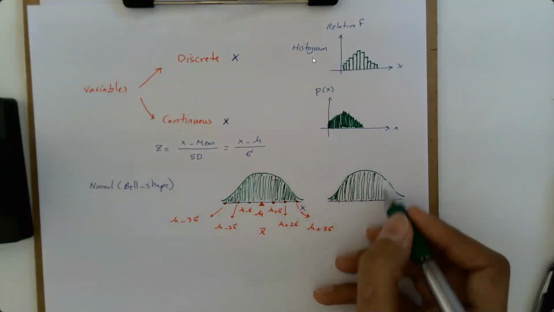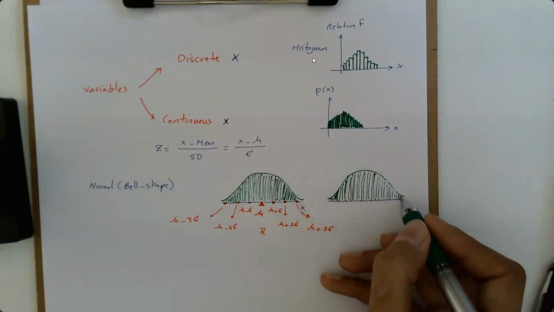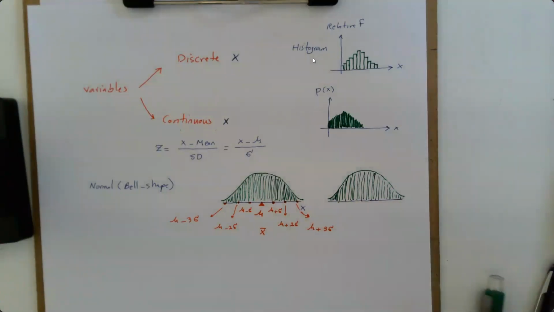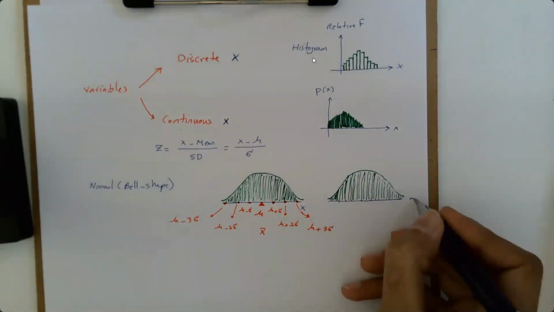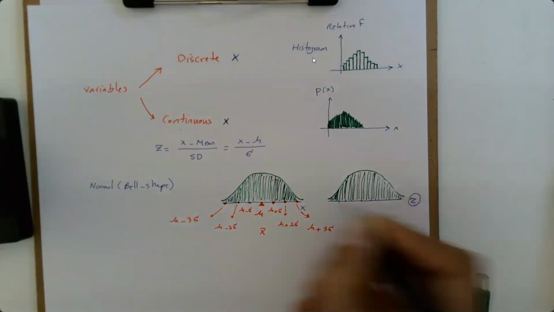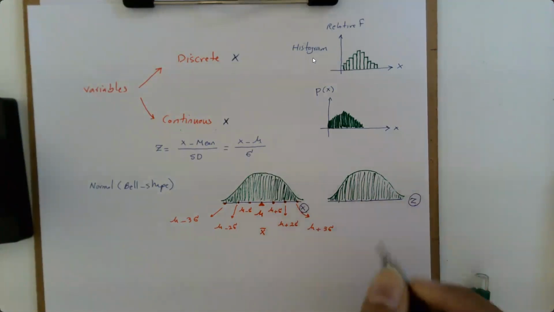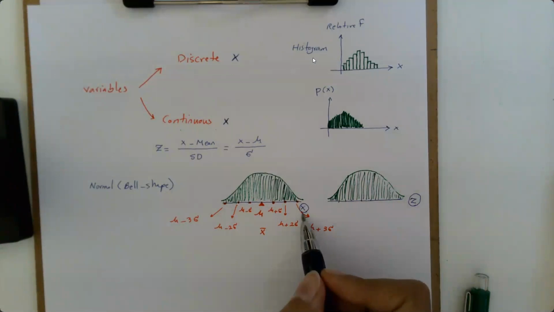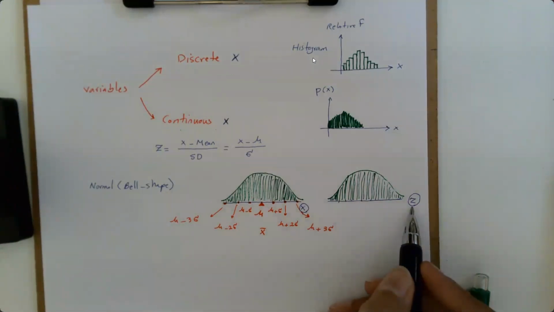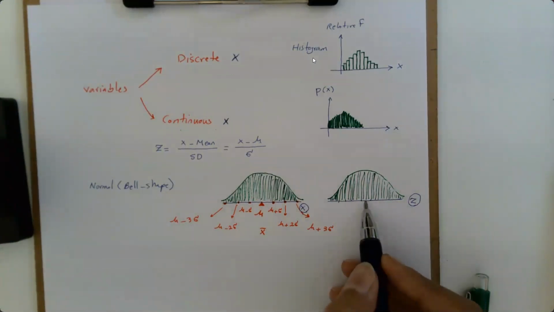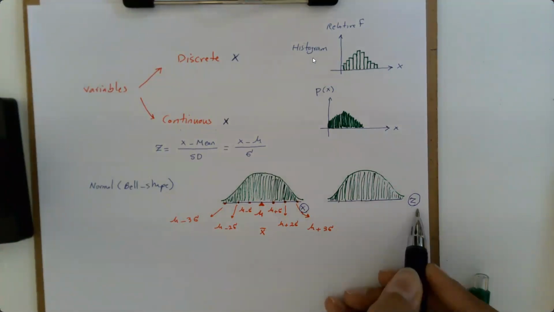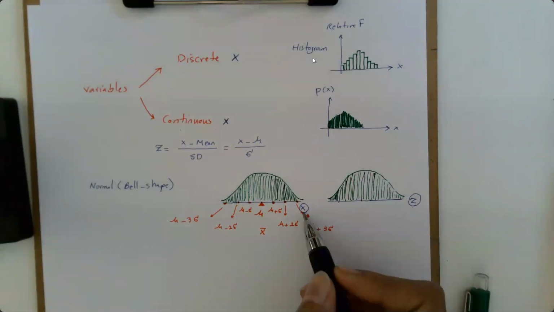On the horizontal line, instead of having X, we're going to have Z. Well, okay, now that we are changing X into Z, what is the typical value for Z score? Is it going to be the same as X?